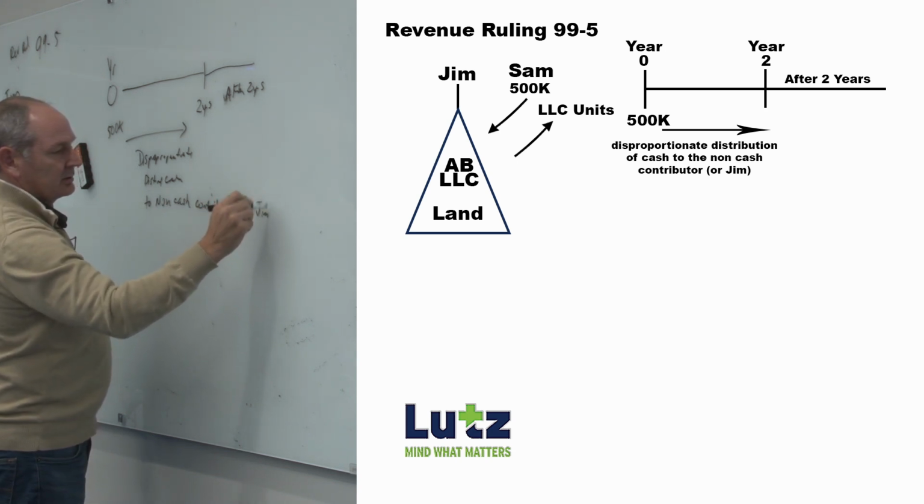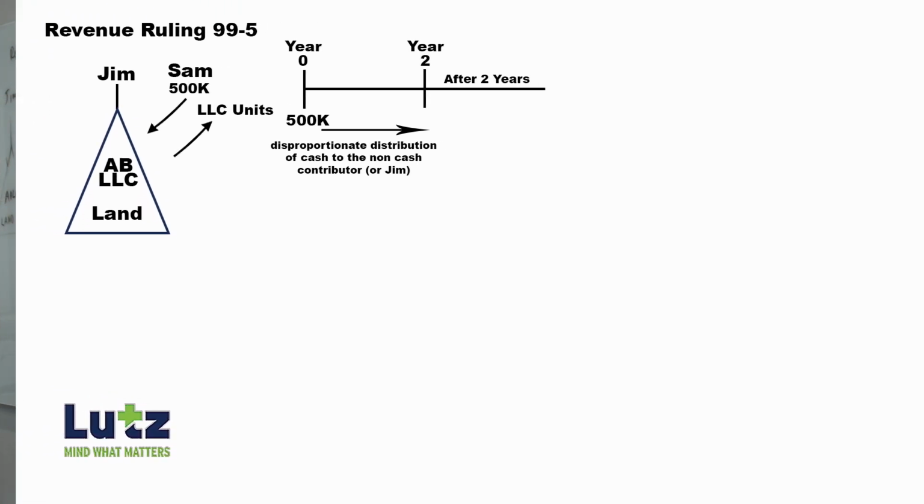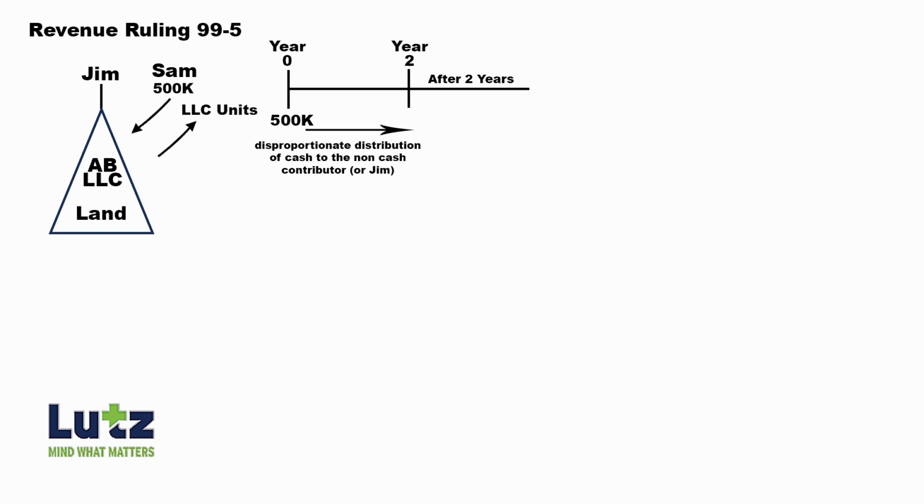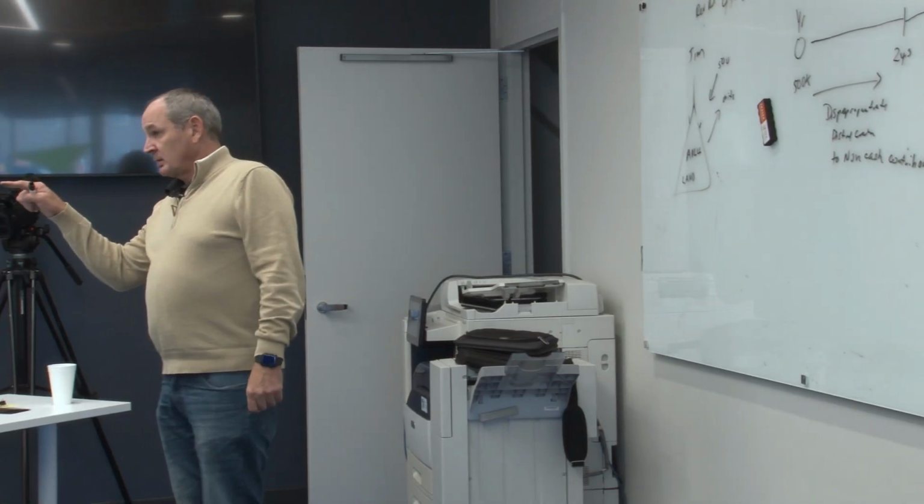Jim contributed ground, correct? So disproportionate distribution of cash to the non-cash contributor, which is Jim, under a fact pattern. Everybody with me? Then the IRS presumes you were in situation 1.